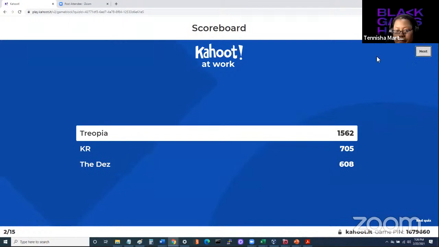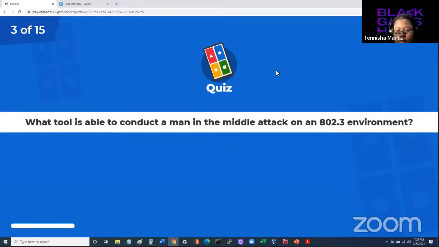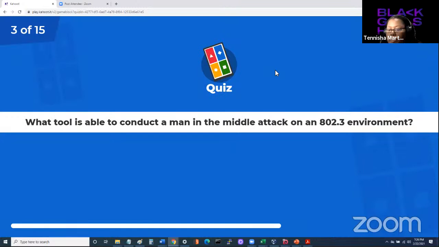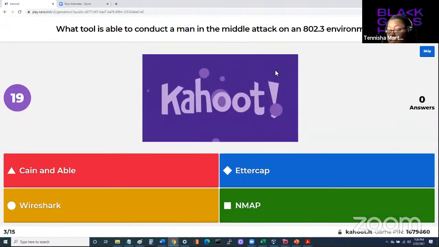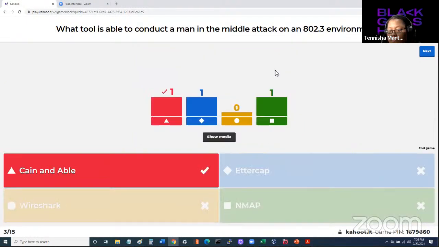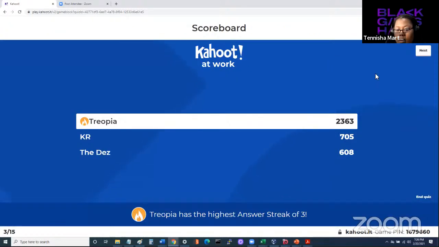All right. Number 3, which tool is able to conduct a man-in-the-middle attack on an 802.3 environment? Yep, Cain and Abel is correct. All right, she's on fire.